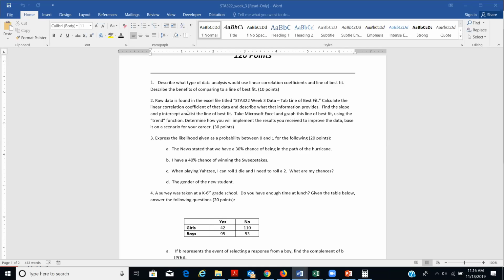You're going to find the slope and y-intercept, and use that information to tell us what the equation of that best fit line is. And again, if you can figure out how to use trend, tell me. I haven't been able to make it work, and their explanation is not clear to me.